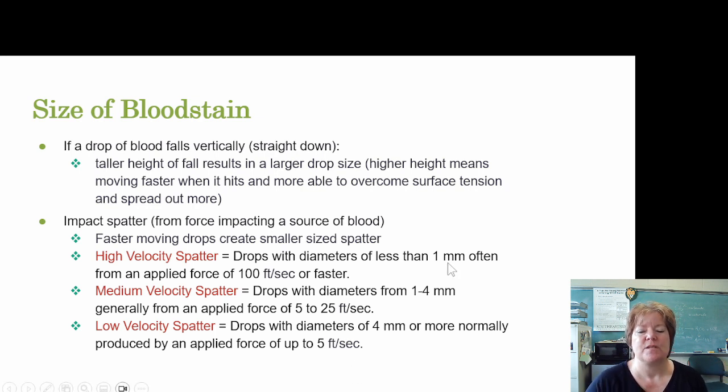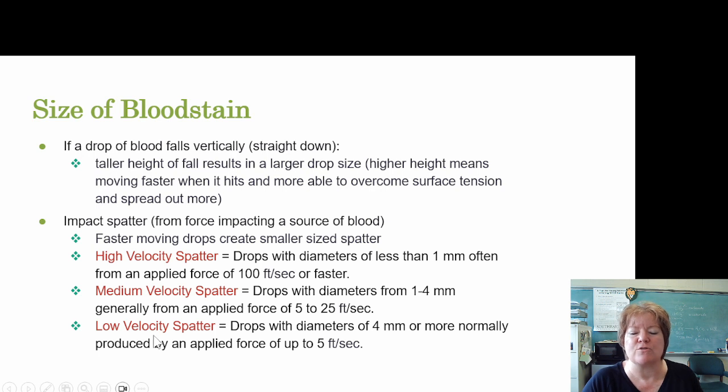So if it's going very high speed, remember velocity is a more complicated word for speed. It implies more than just the speed, but let's say high speed spatter is going to have very small diameters of less than a millimeter. I don't want you to worry so much about the specific numbers, but the smaller it is, the faster it's traveling.